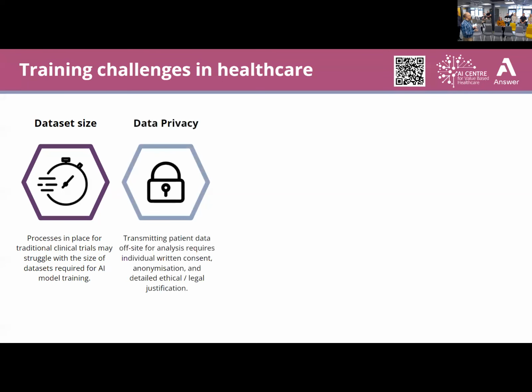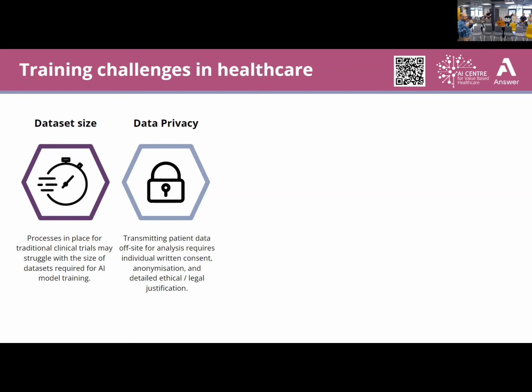A big part of it is data privacy. So if you're collecting data together from throughout the country and you need to move it to where your GPUs are based so that you can physically do the training, you have to put in very good protections to make sure that patients' privacy is preserved.